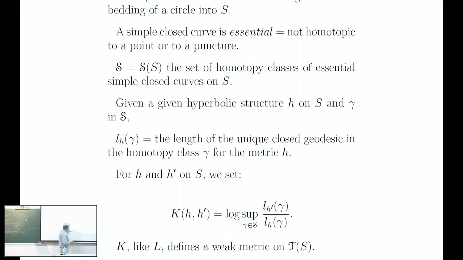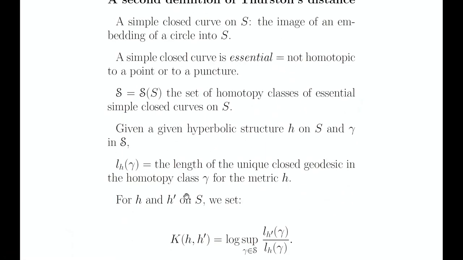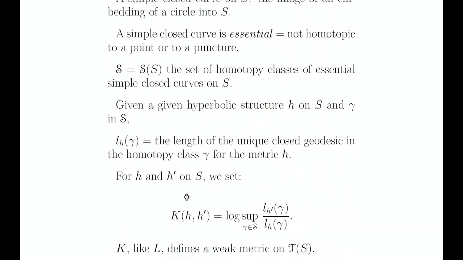So I take the supremum of this quotient, the length for H prime divided by the length for H. If the supremum is equal to 1, it means that all of them are equal. And then I have to take the log, in fact. The log is needed because I want to define a metric, and the log is needed for the triangle inequality.